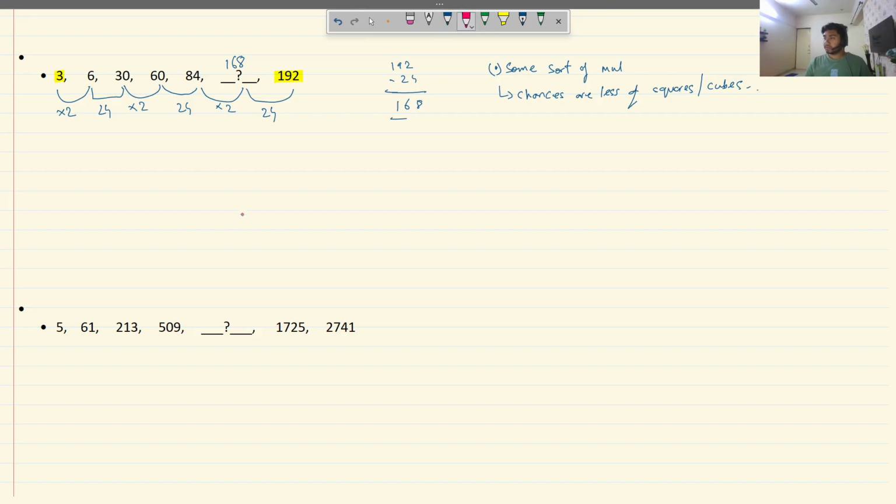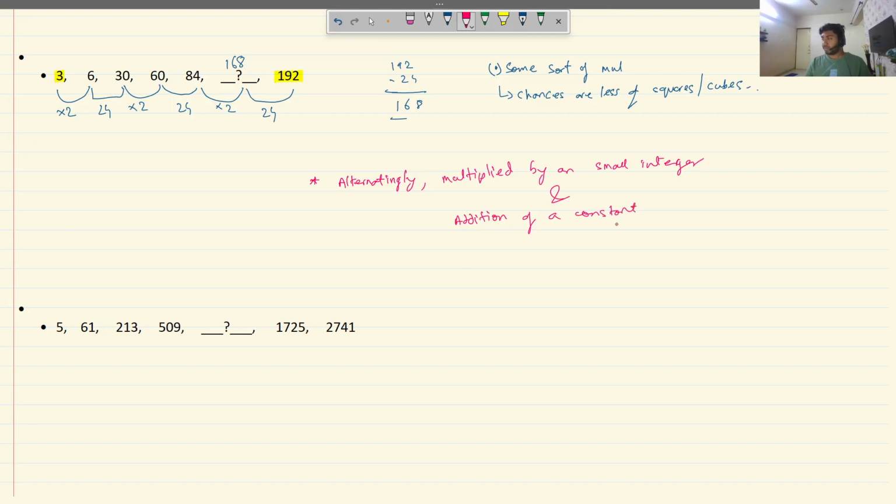So the logic was that alternatingly it is multiplied by a small integer and addition of a constant term, that is 24.